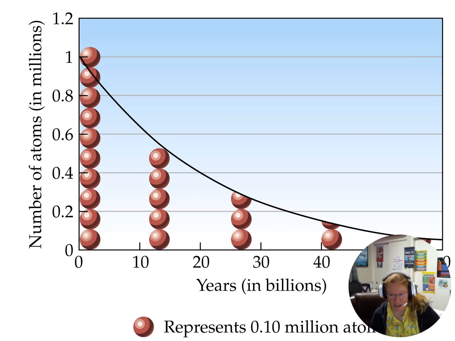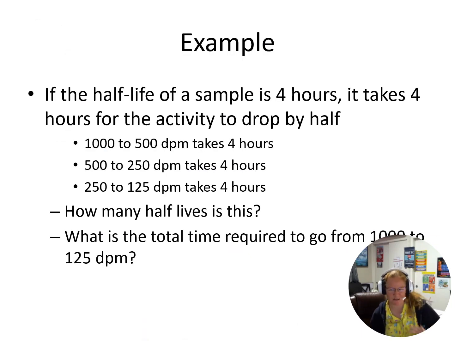Half-life is exponential, so you can see it goes down in a curve like that instead of a linear fashion. We can do some fancy calculations, and we can also do some very easy calculations, understanding that each half-life we just divide in half. So I have a half-life of a sample of 4 hours, which means it takes 4 hours for the activity to drop by half. So 1,000 to 500 takes 4 hours. 500 to 250, that's another half, takes another 4 hours.